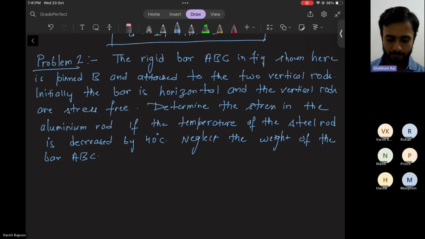So let me draw the diagram. The diagram looks something like this. Here you have some point, this point B, and it is the rigid rod ABC.